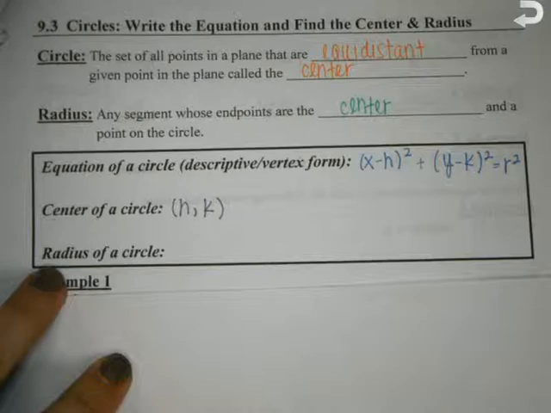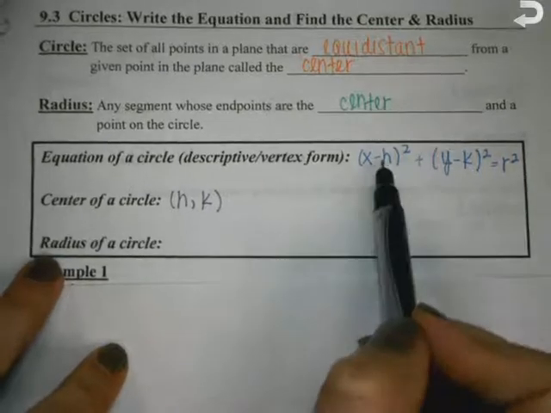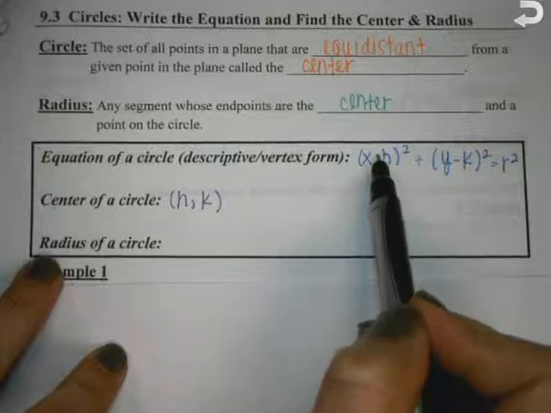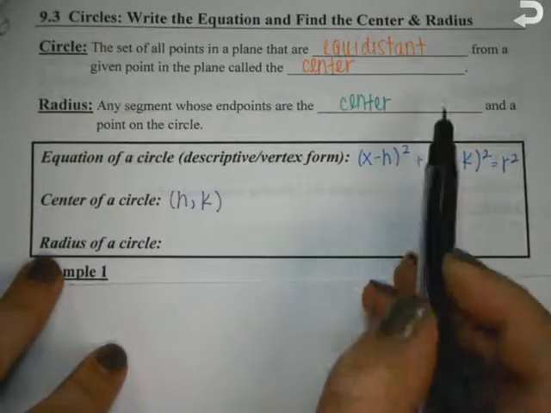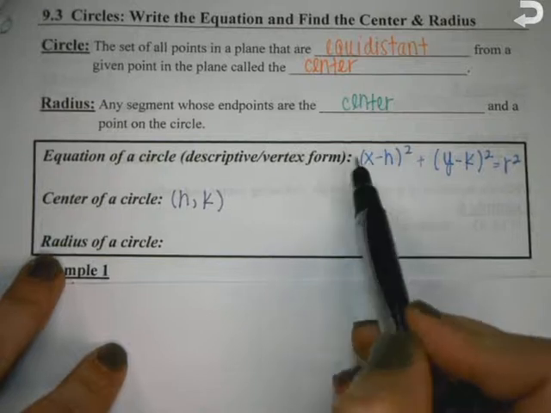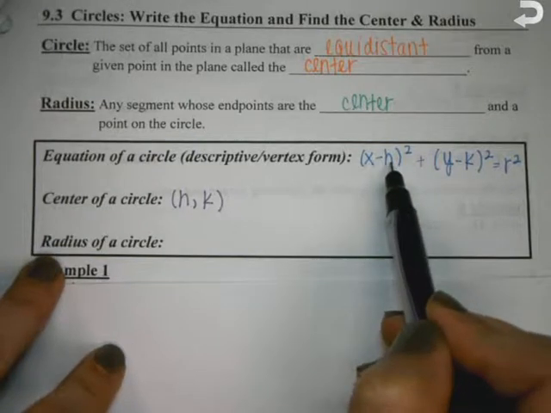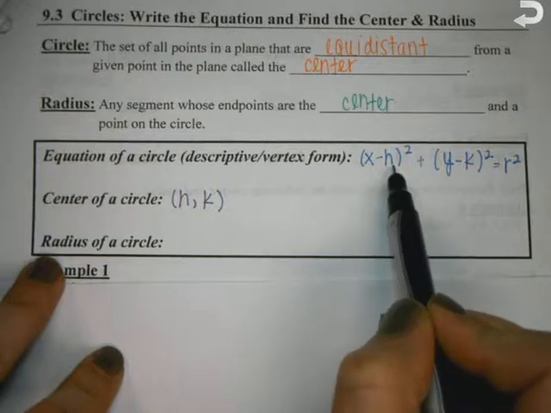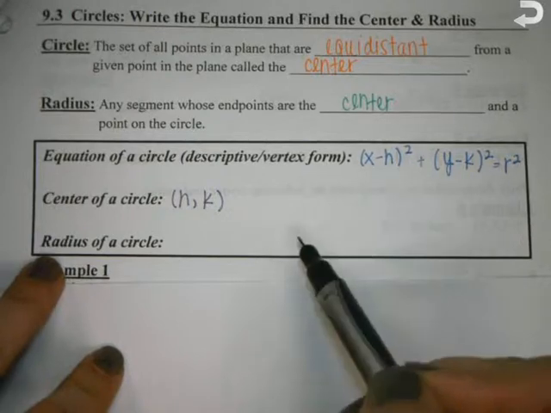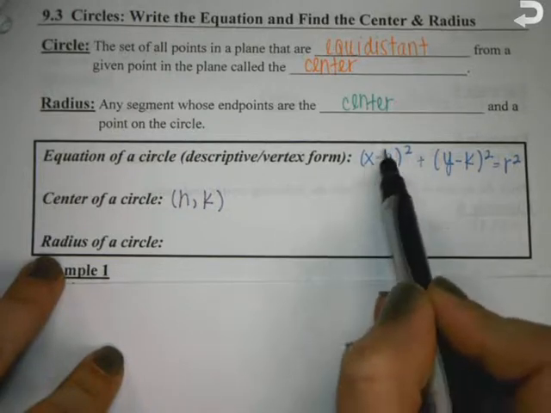Also remember that because the method is subtraction here, we have to take the opposite. So if this said x minus 3, the h term would be positive or negative 3? Positive. If it said x plus 3, h would be negative. So we have to take the opposite because the sign is subtraction right here.